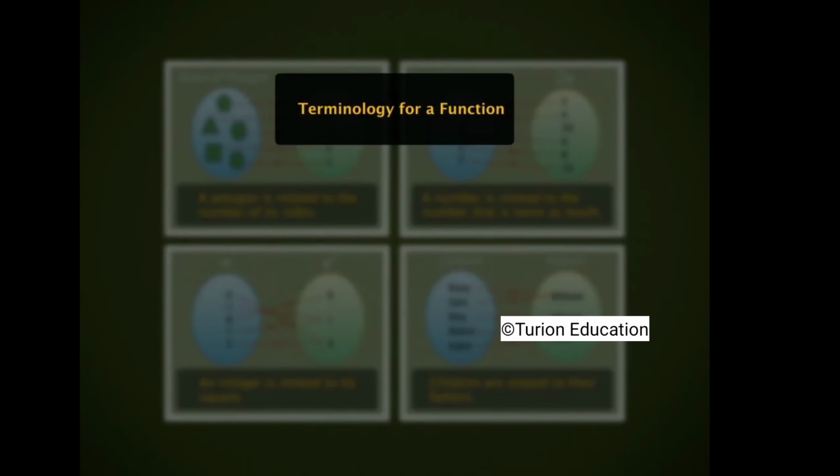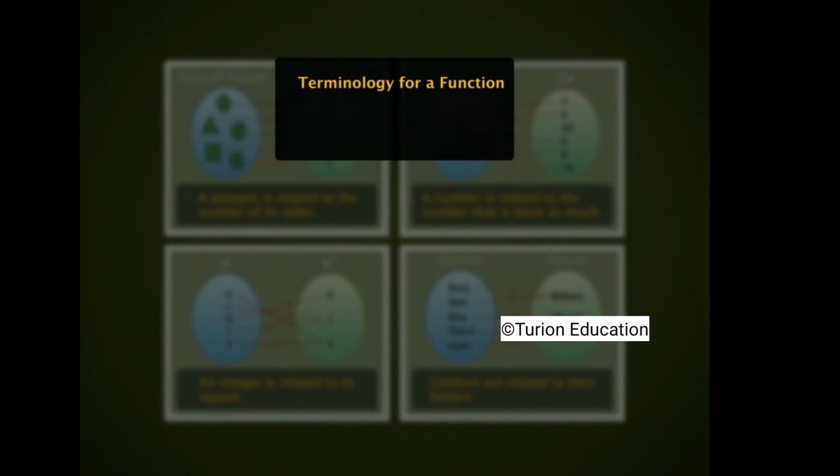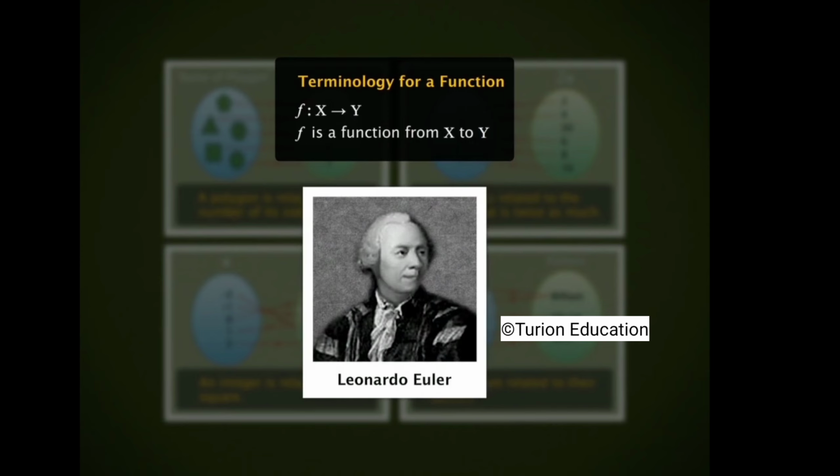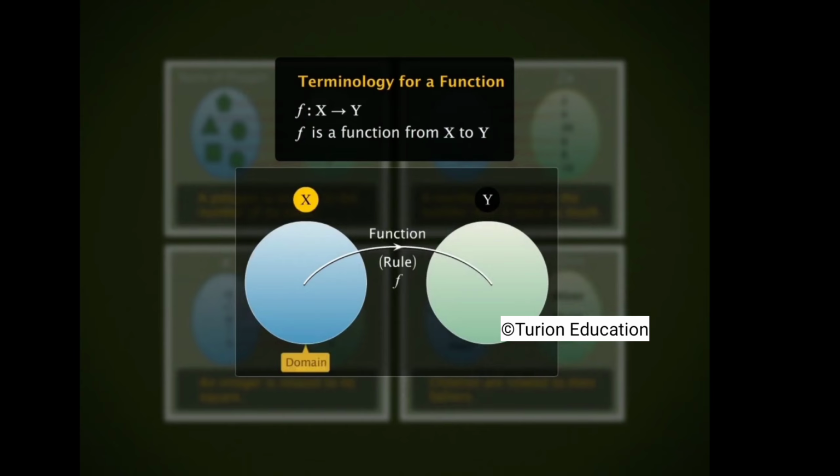Let us now consolidate the knowledge of notations and terminology used in functions. This notation is for a function f from x to y, used first by mathematician Leonhard Euler. It is read as f such that x maps to y. It means that f is a function from set x to set y. Set x is called the domain of function f and y is called the codomain of f.